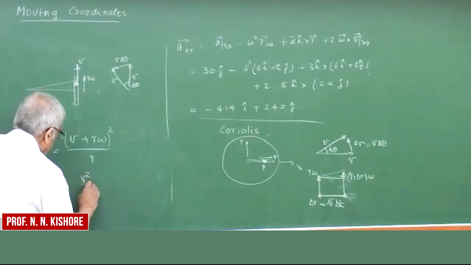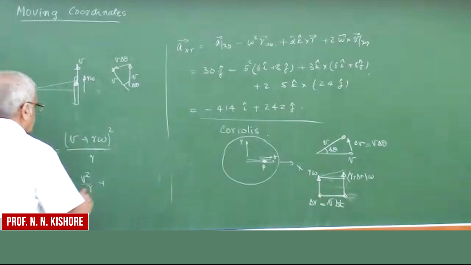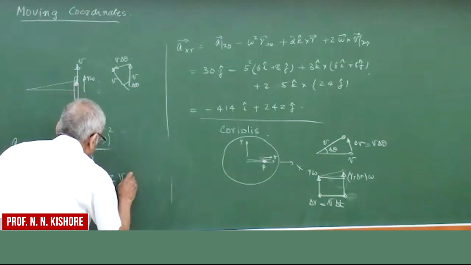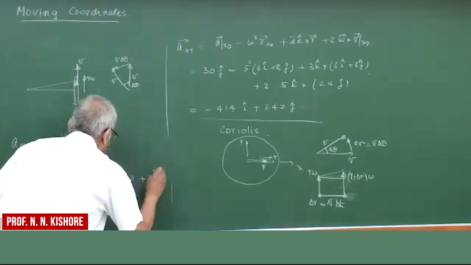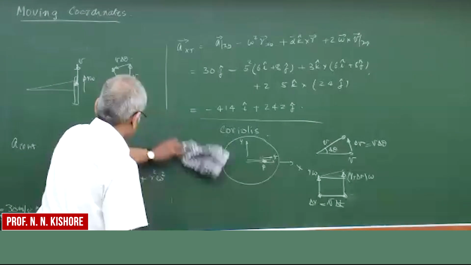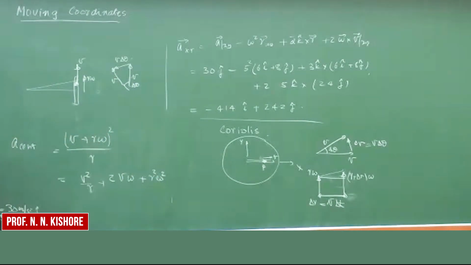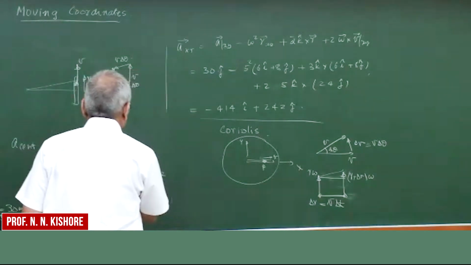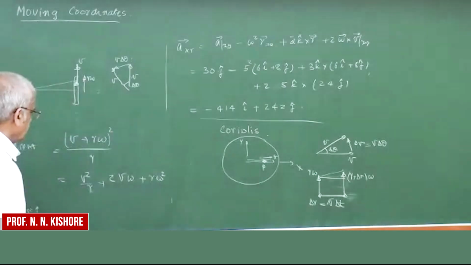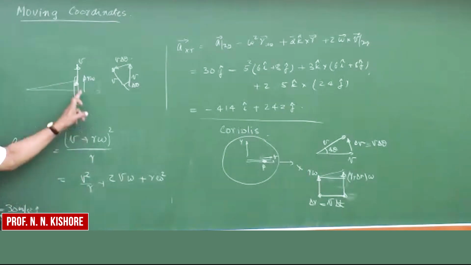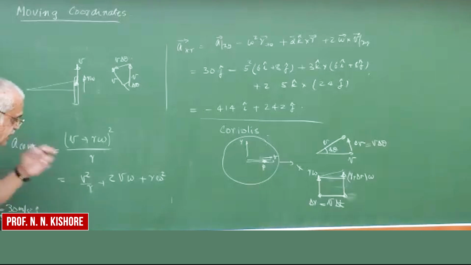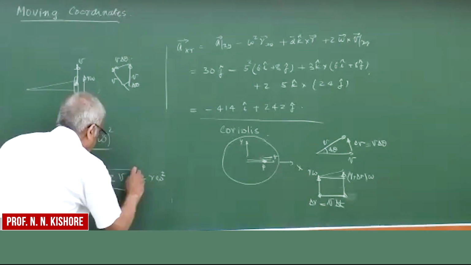So we have v squared by r, and can you understand what is happening here? There are several things taking place here. One is this v square by r because of the centripetal acceleration. So this is the one which is coming as Coriolis.